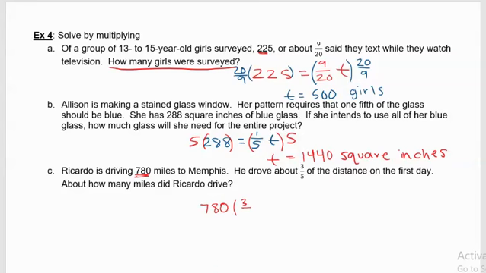So I'm looking for the amount of miles he drove on the first day. So I'm going to take the total amount of miles and multiply that by the fraction that he drove. So I have 780 times 3/5. And that gives me 468 miles.